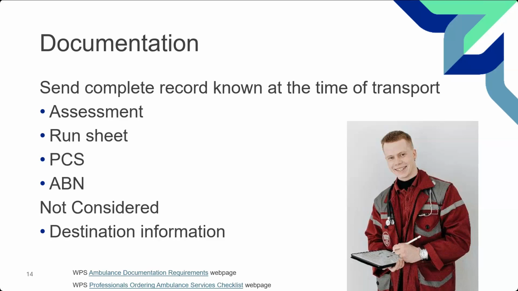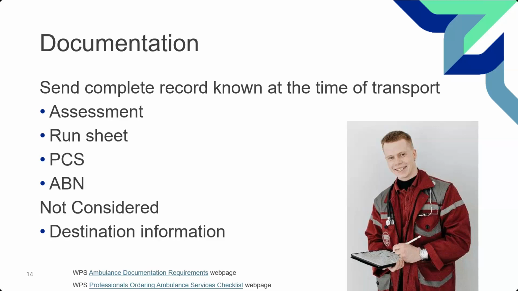One of the interesting questions that we got relating to documentation is, does the destination information matter? They didn't use the word destination. They actually used the ER information. And the answer is no. How did you know the ER information as a destination? So you took him there. How did you know what the ER was going to find? How did you use that to determine whether you should transport or whether it was medically necessary?